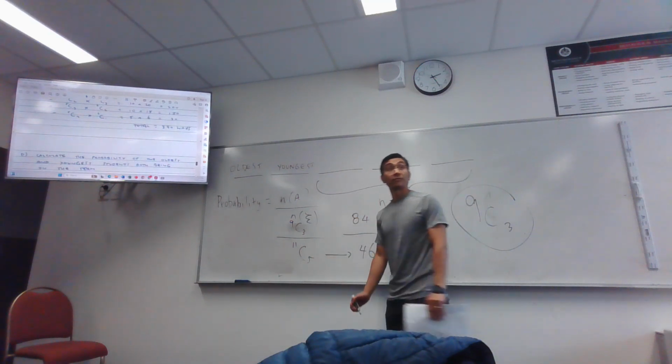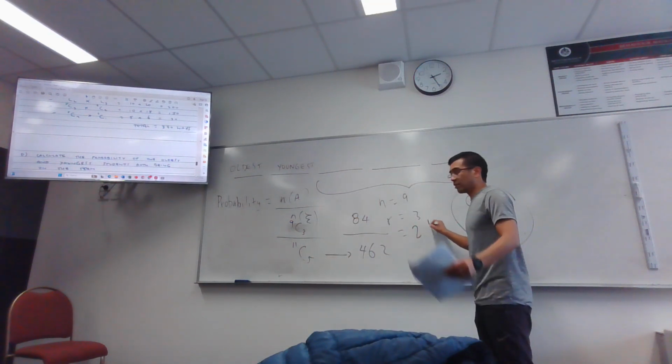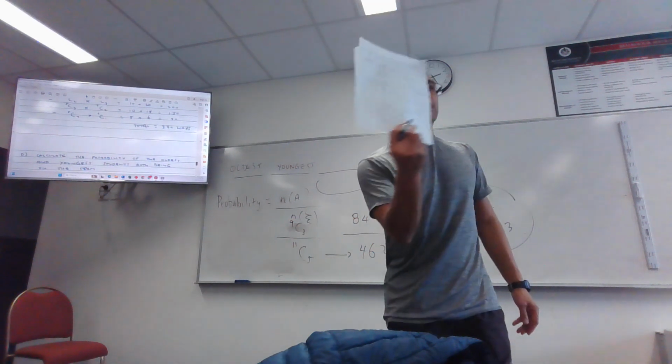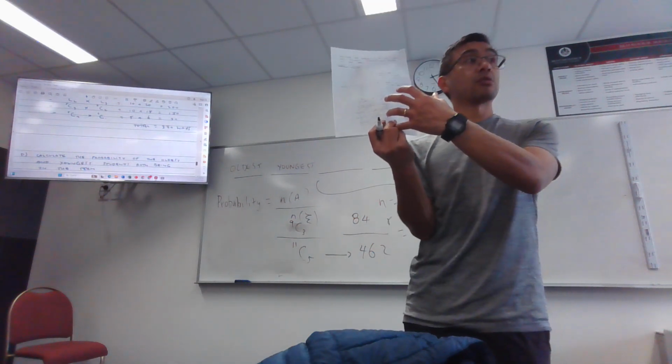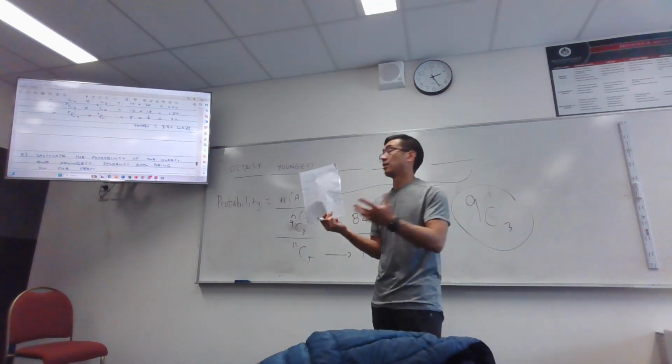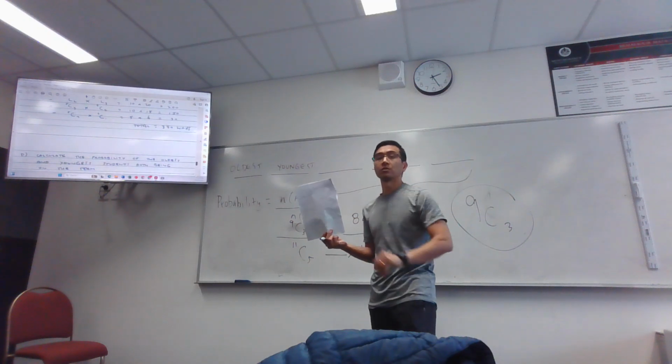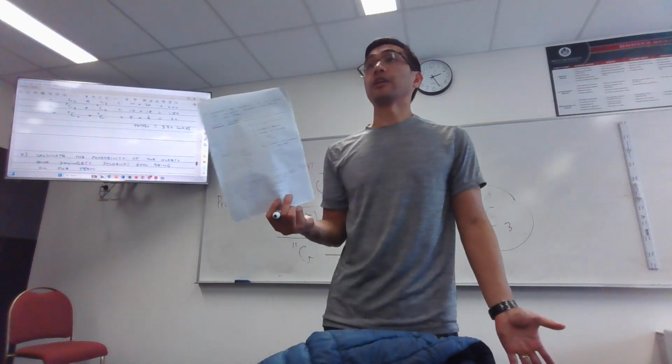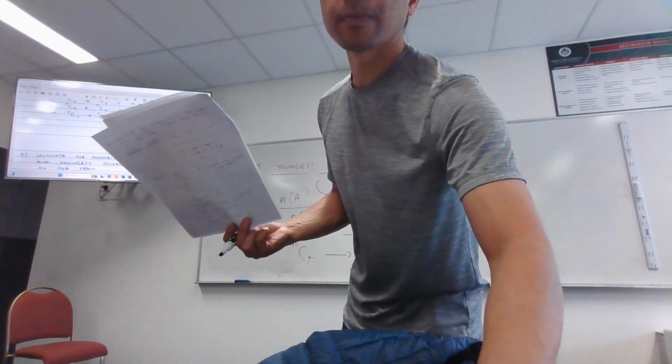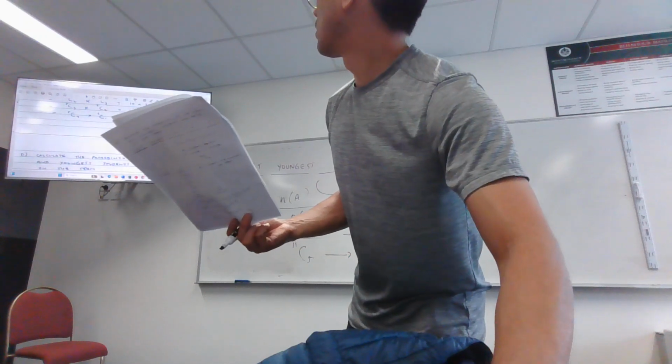Yeah, 2 out of 11. In the notes, I've done a whole calculation with the factorials. You can refer to that when we're done, and we're pretty much done. Okay. Any questions? Okay.